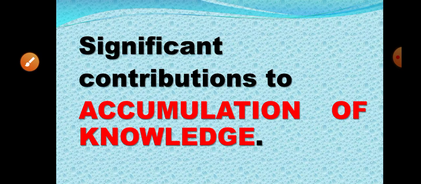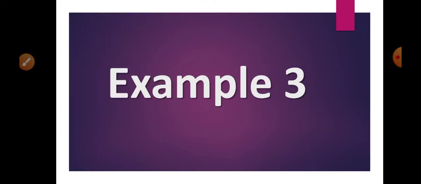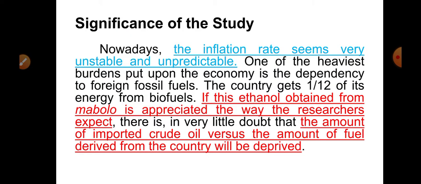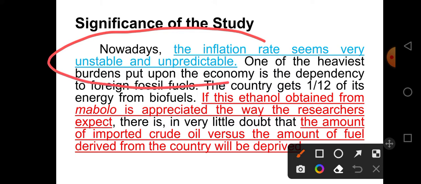So let us have the next one, which is the third example. Note class the statement highlighted in blue. Nowadays, the inflation rate seems very unstable and unpredictable. So what does it infer? Does it infer an existing problem?